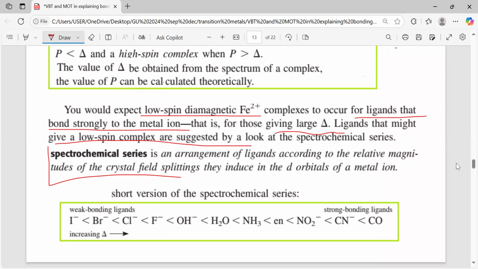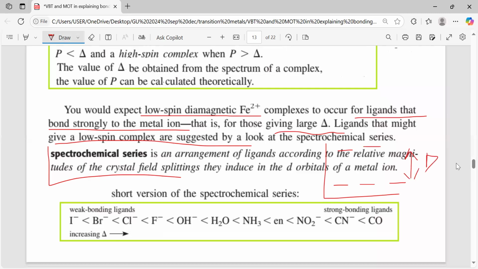If it bonds strongly, it induces a bigger split, and when it bonds weakly, the split is small. So if I represent it, on this end you have such a big gap that there is more pairing. The gap is huge, and therefore there is more pairing.